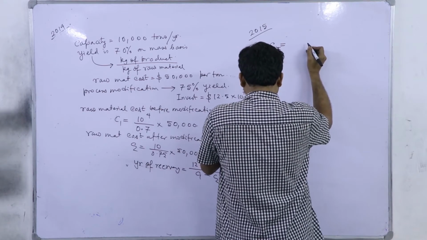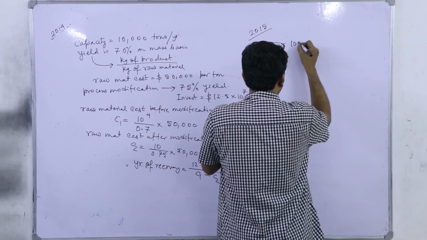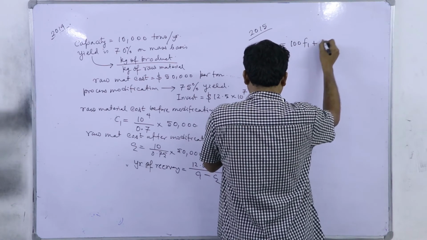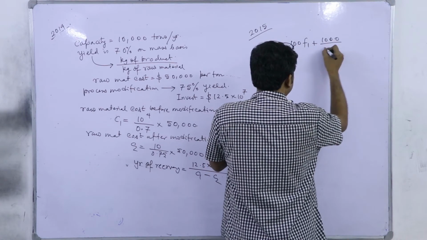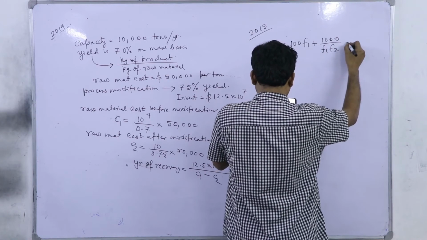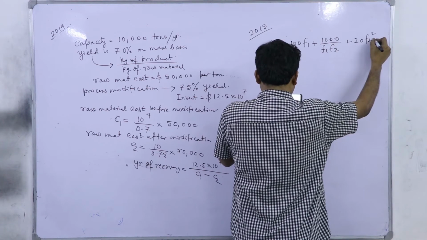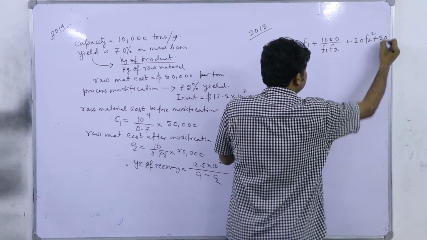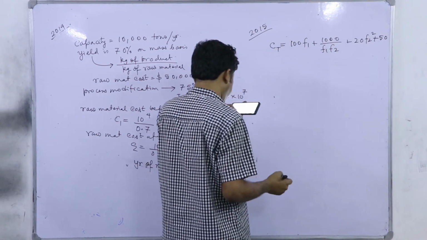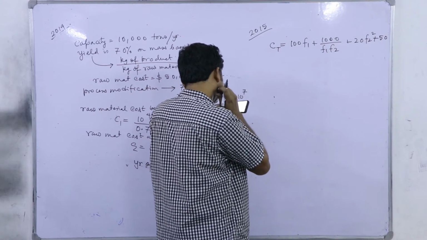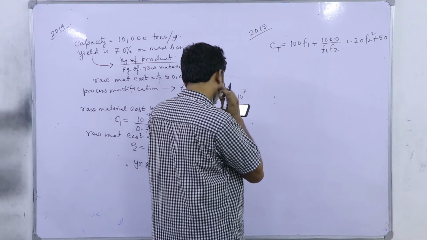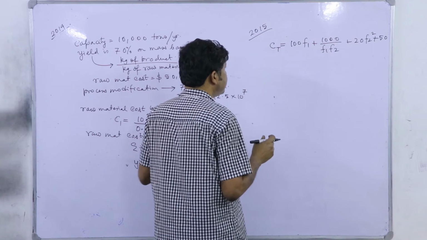Independent process variable costs are F1 or F2 as 100 F1 plus 1000 F1 F2 plus 20 F2 square plus 50. This is the cost function. The lowest total cost in lakhs of rupees into 1 decimal places.